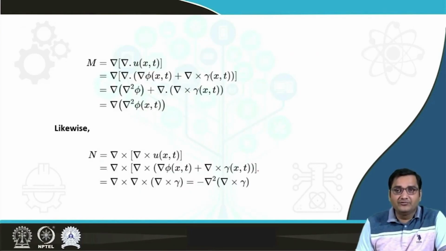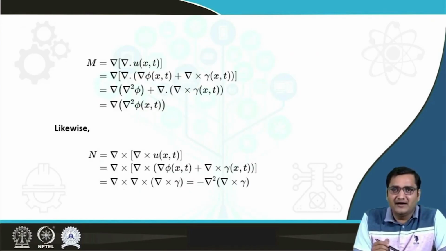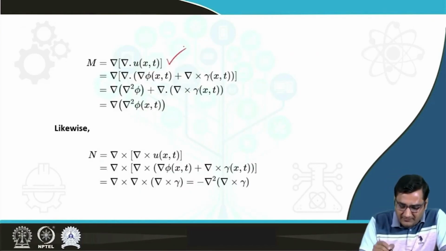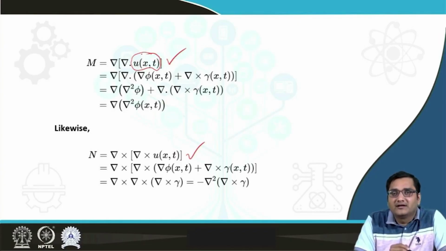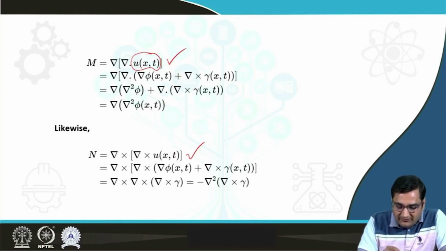So when you use these identities and take m and n separately, this is your m and this is your n. This u can be decomposed into its scalar and vector potential. So when we write it like this, del phi x,t plus curl of epsilon x,t, this is your vector potential.